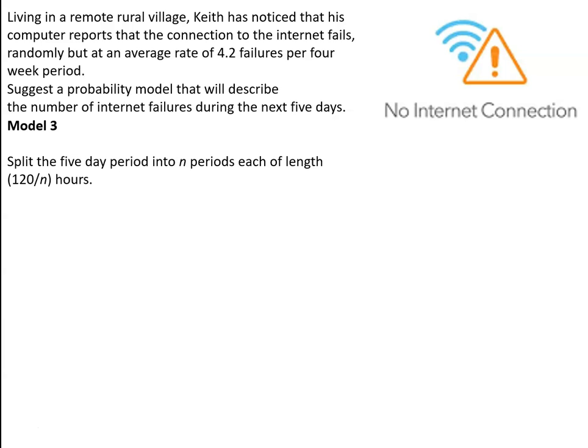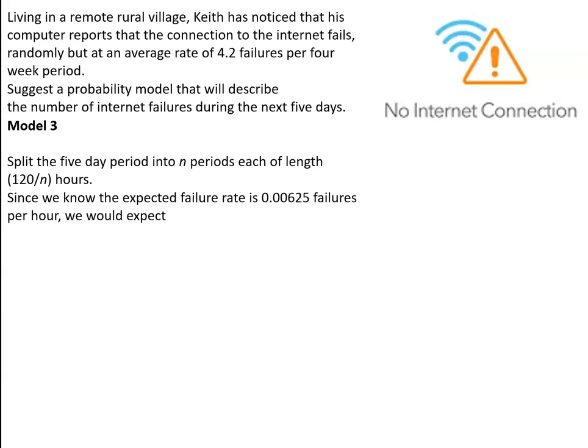Model 3: split the 5-day period into n periods, each of length 120 over n hours. We know the failure rate is 0.00625 failures per hour. So in one period, we would expect 0.00625 times 120 over n, which is equal to 0.75 over n failures.